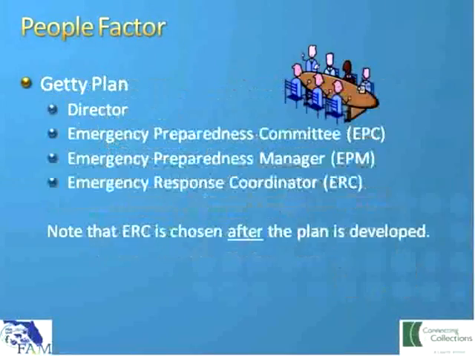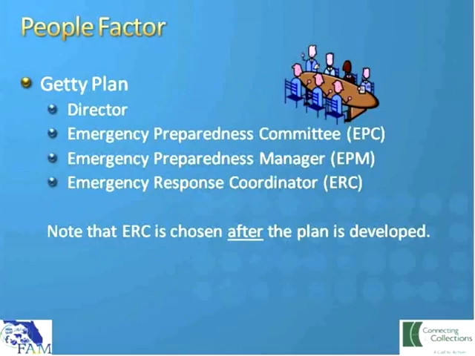Now, the Getty plan is a very long guide. It's a great guide. It identifies in creating an emergency plan that you have a director, an administrator who has the authority to ensure and tell staff that they are responsible for participating in this plan, that it is a priority of your organization, that it's something everyone should get behind.